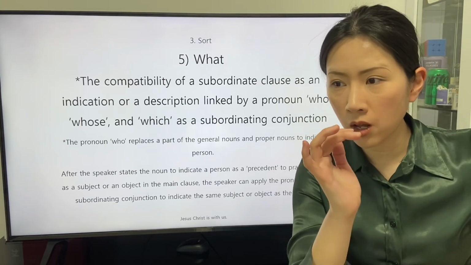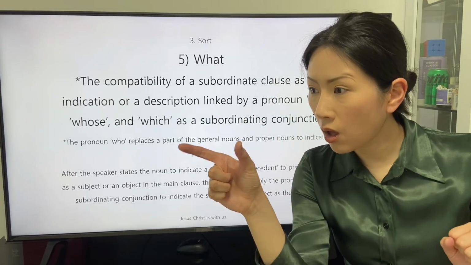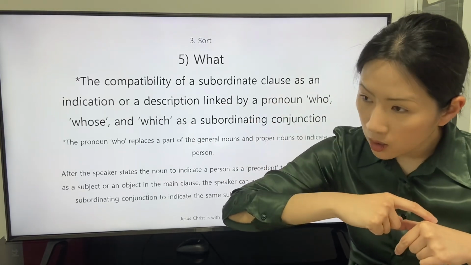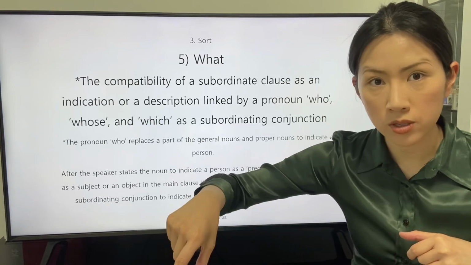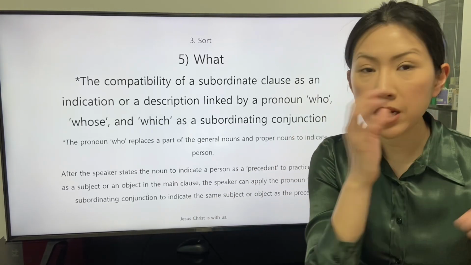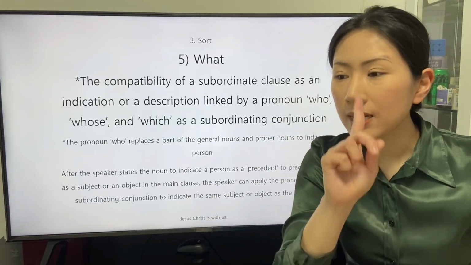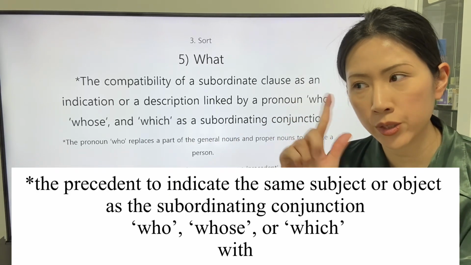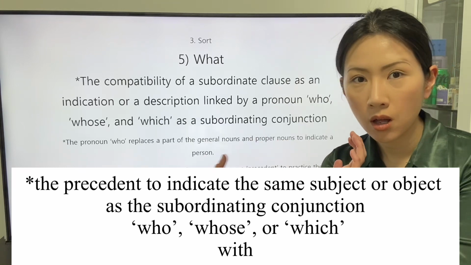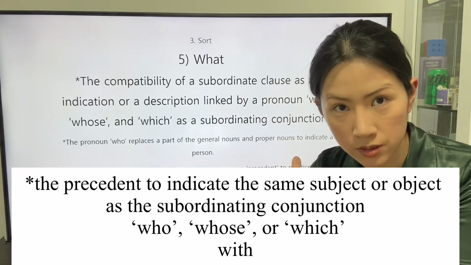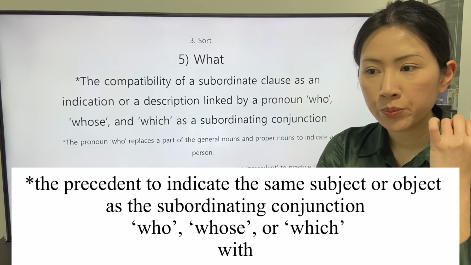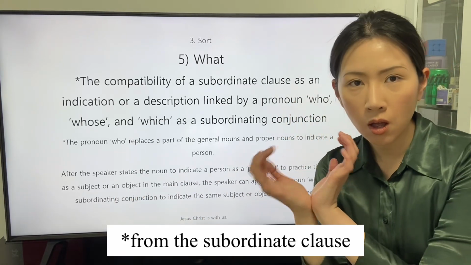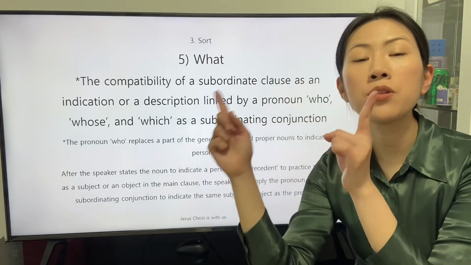The subordinate clause and the precedent are arranged in a sequence because the subordinate clause describes the experience, condition, or action about the precedent.